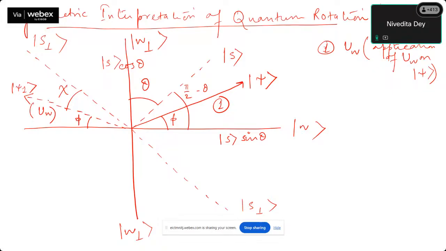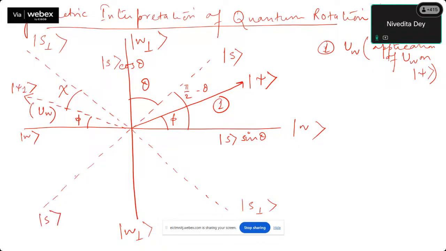And say now this angle made by psi 1 and perpendicular of S is lambda. Now if this is S, so this one will also be S. Just like this is W, so this is also W, and it will be unchanged. So this is also S.